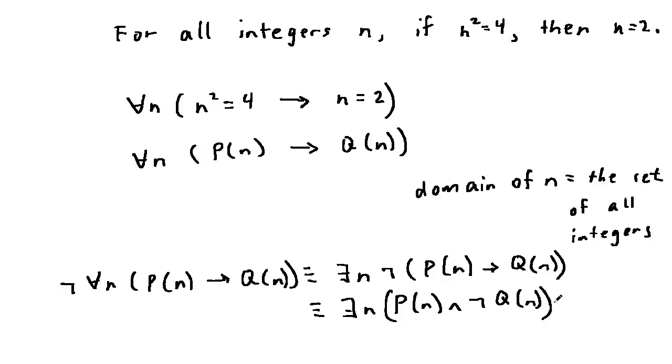So to show that this statement here is false, we can show this statement here: there exists an n such that p of n and not q of n.